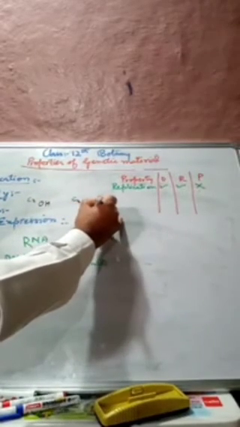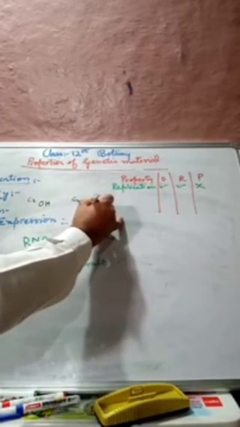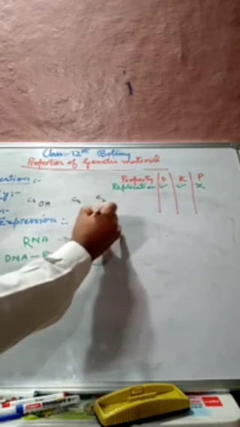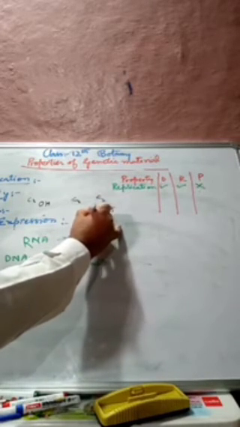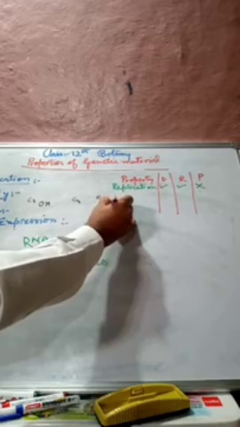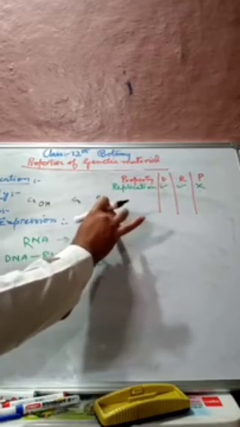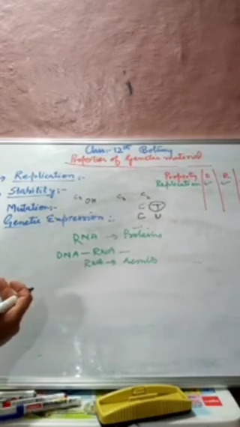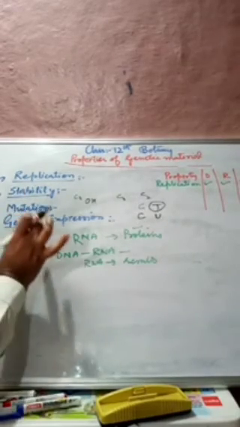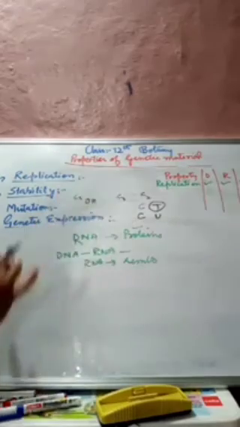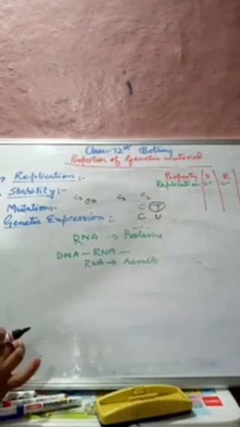Second, in DNA, if we talk about nitrogen bases, it has pyrimidines, cytosine and thymine, while in case of RNA it is cytosine and uracil. So having thymine instead of uracil also adds to the stability of this compound. Mutation: genetic material should be able to undergo mutation, and those changes should be inherited.